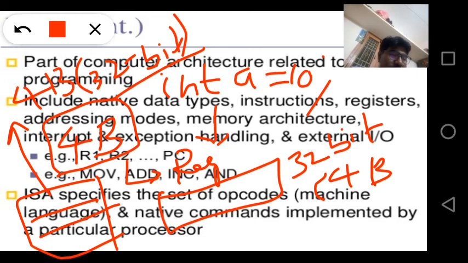So, signed integer types are native data type examples, and not only integer, there are so many things. Now we'll see an example for a native data type.